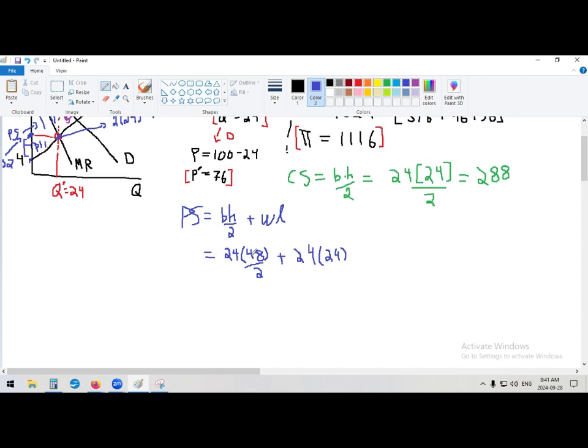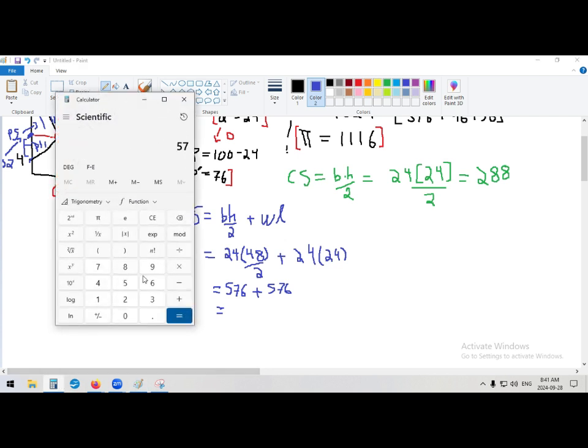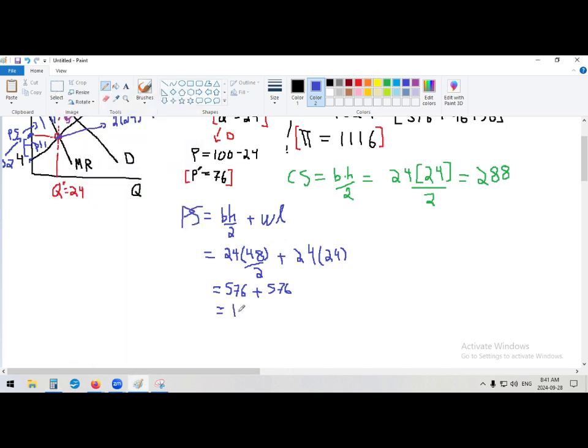So here we have 24 times 24, oh, that's 576. I had that from earlier. Same thing as this one. So we just have to do 576 times 2. So that'll be 1152. So that's going to be the big producer surplus in here.